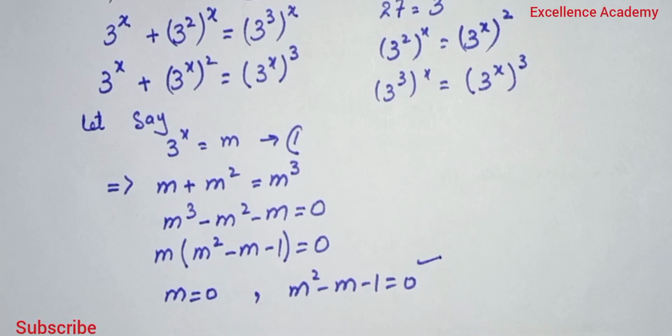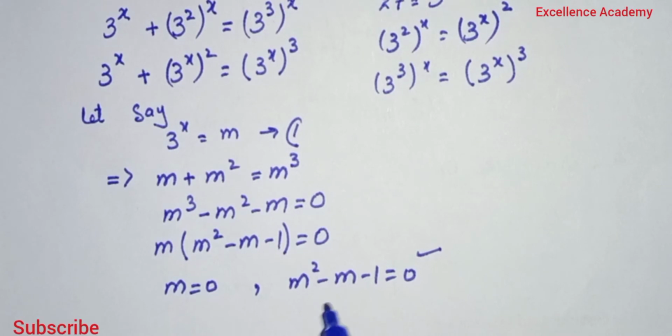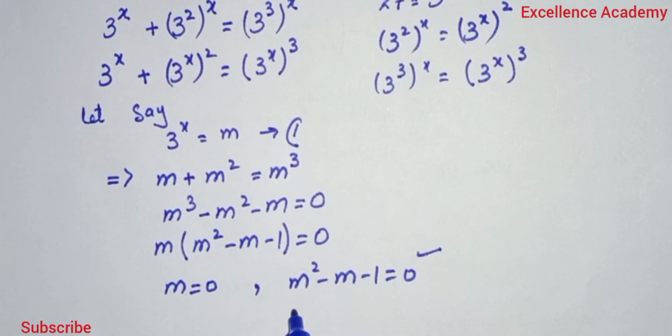Now we will solve this equation. This is a quadratic equation and we will solve it by the quadratic formula. First we will find the values of a, b and c. From the given equation, a is 1, b is minus 1 and c is minus 1. The quadratic formula is x = (-b ± √(b^2 - 4ac)) / 2a. Now we put the values of a, b and c in the formula.